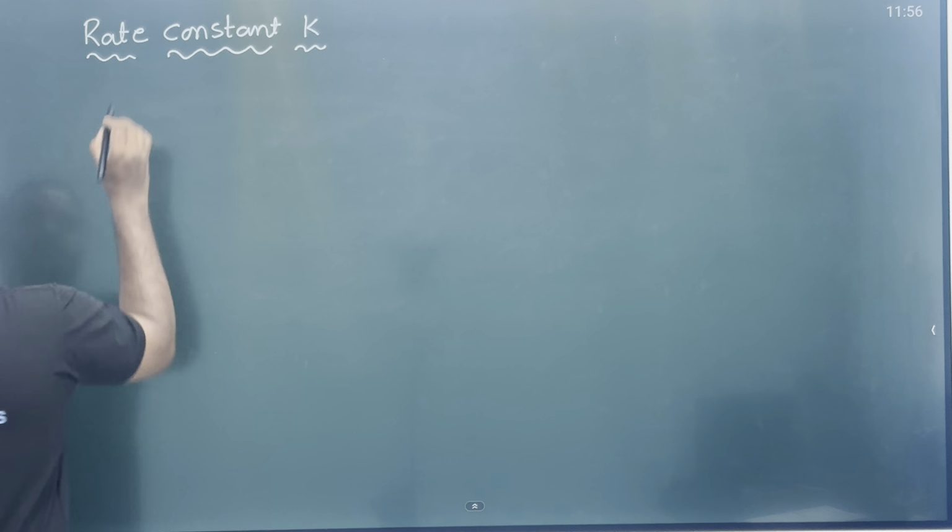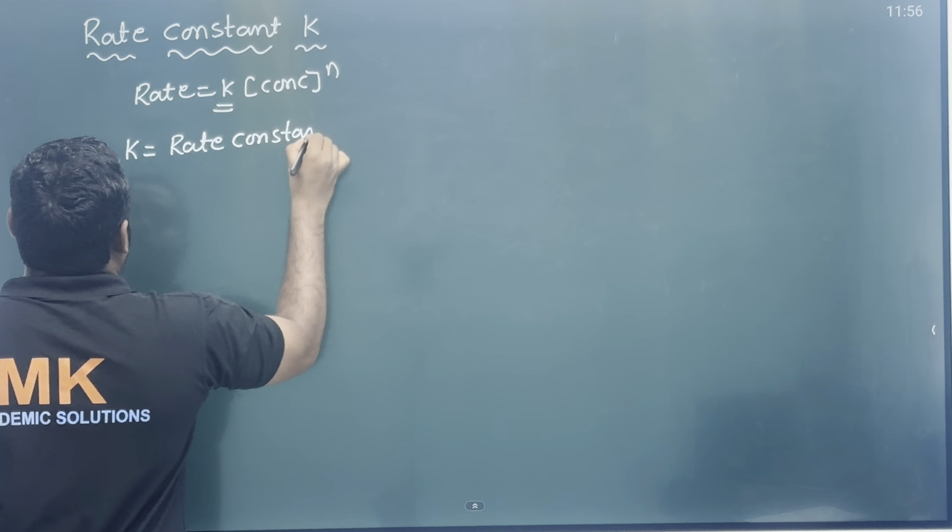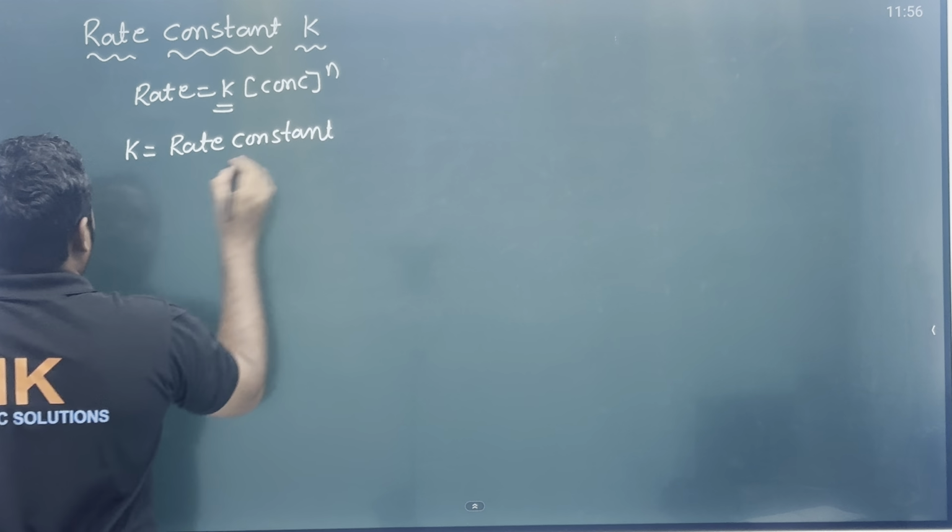When you write the rate law, rate is equal to k into concentration to the power n, so here k is called rate constant. Rate constant or velocity constant or specific rate of reaction.